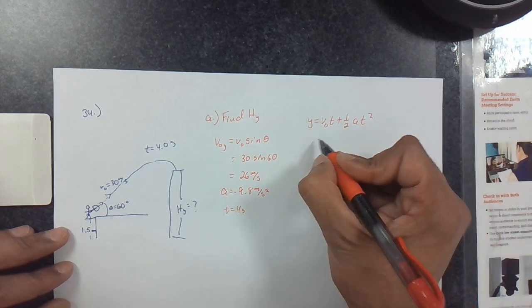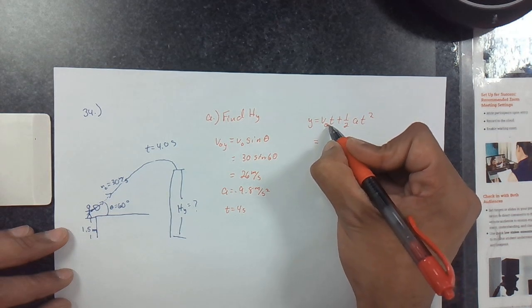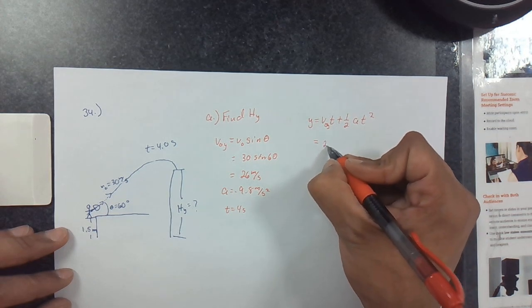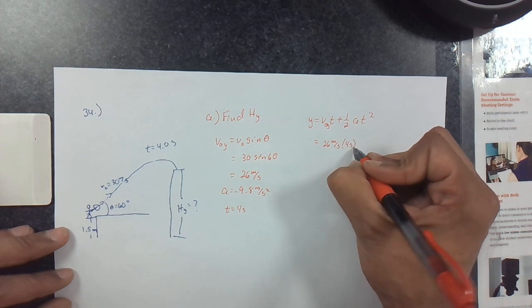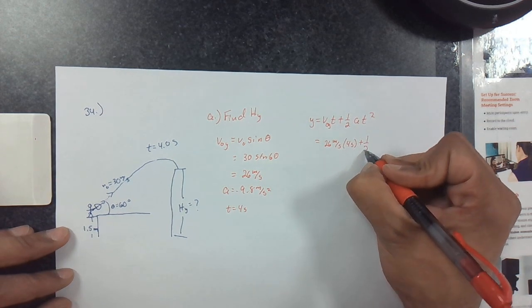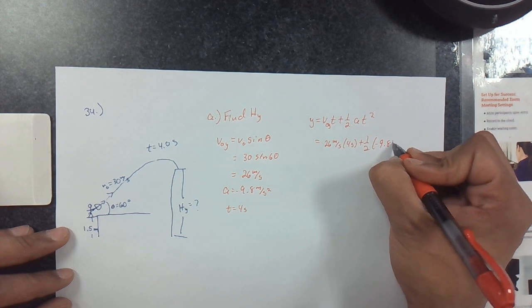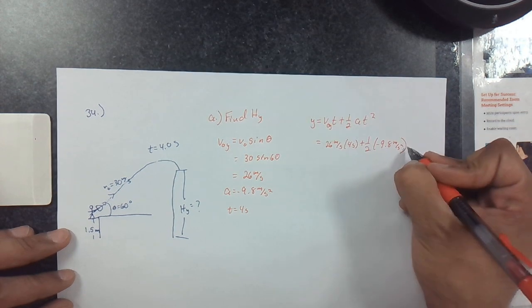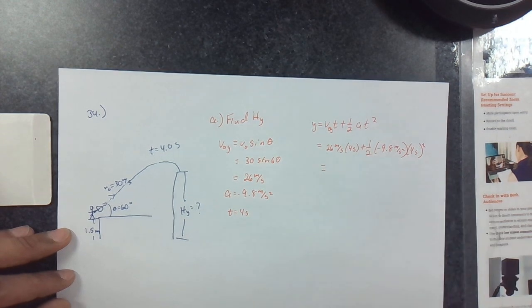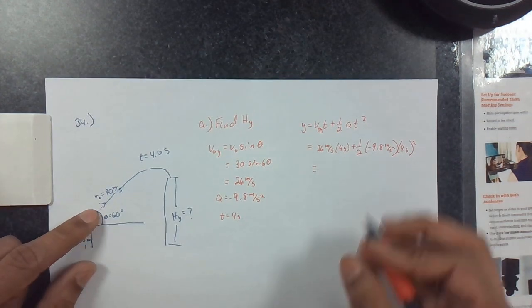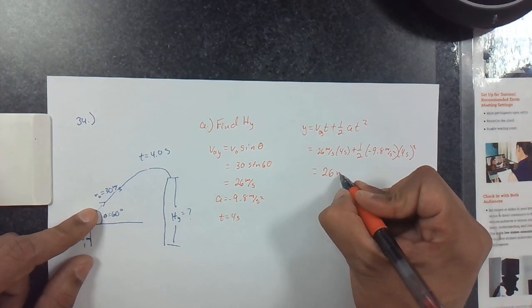We plug all those in: 26 meters per second times 4 seconds plus 1/2 times negative 9.8 meters per second squared times 4 seconds squared, which gives us a height of 26 meters.